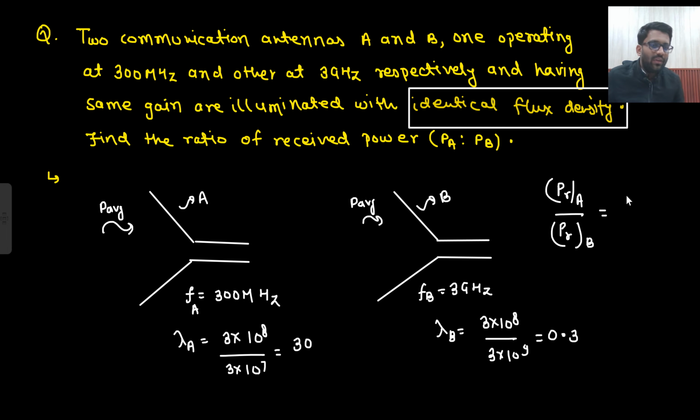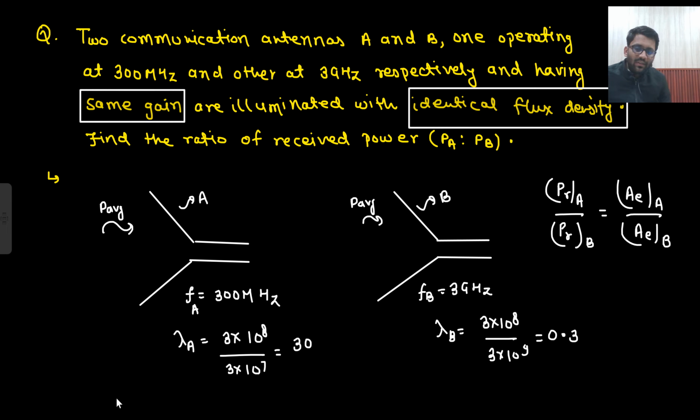Then what you need to do is take the ratio of the effective aperture area of A divided by the effective aperture area of B. It will be lambda square upon 4 pi into directivity into polarization loss factor, and the polarization loss factor will get cancelled. Directive gain: they say both have the same gain, so the directive gain is also the same.